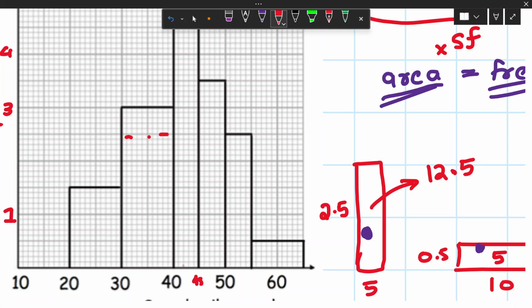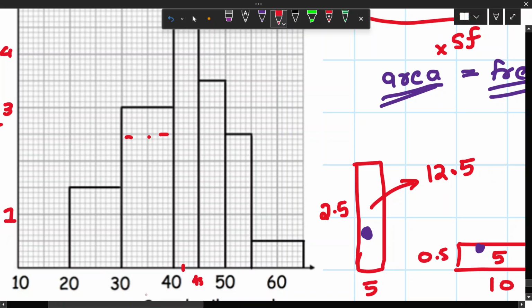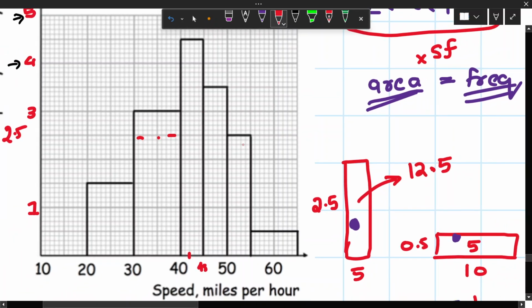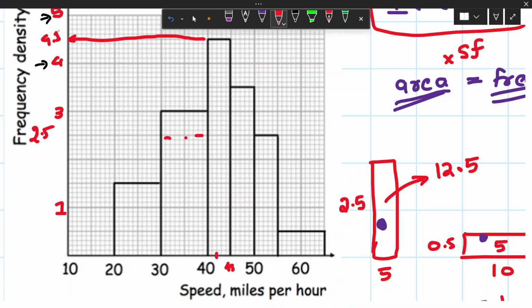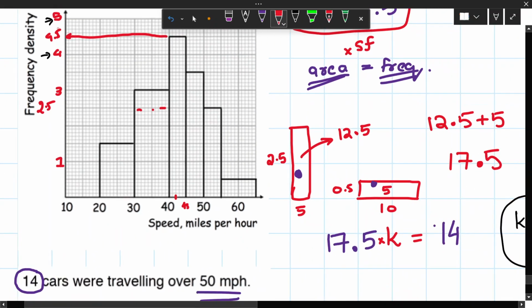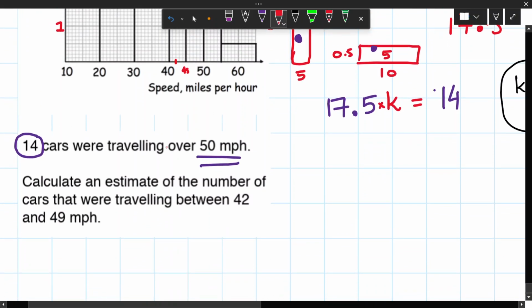So 42, if I draw a rectangle there, I'm hoping you might be able to understand. I might get a thinner rectangle with the same height, which is 4.5. Okay, so let me draw that rectangle for you.